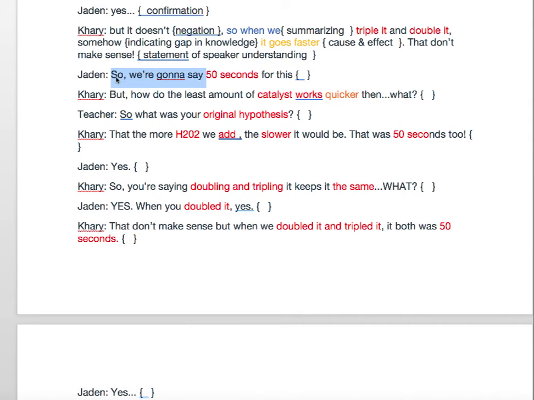Here we're going to take this little statement right there: so we're going to say 50 seconds for this. This is basically a way of suggesting, or maybe it's a statement of approximation. And then here we have, how do the least amount of catalyst works quicker than what?